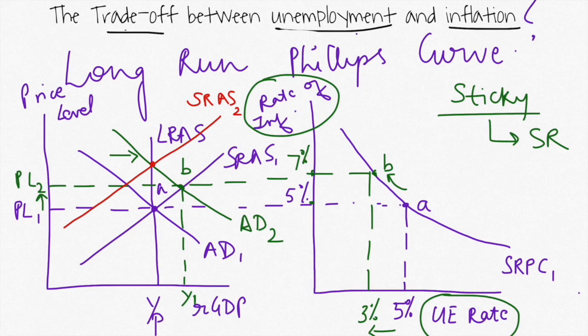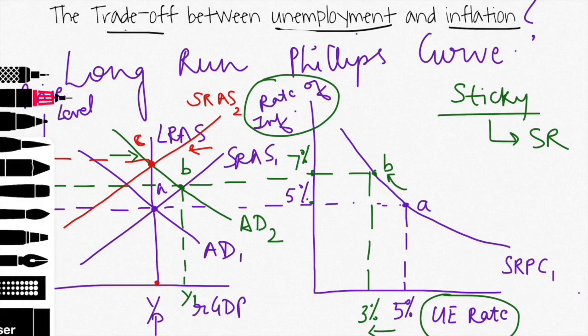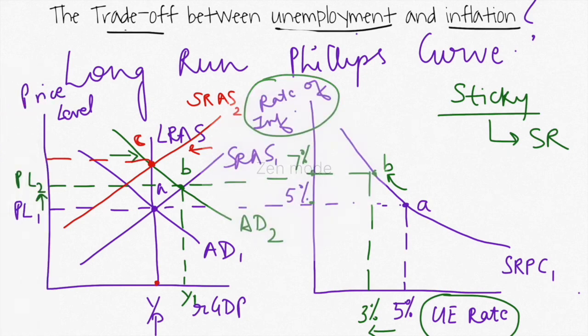So now what's happened is that our SRAS has shifted to the left, okay? And we have a new equilibrium called C. Now, corresponding to this new equilibrium, we have come back to YP and the price level has increased to PL3, right?